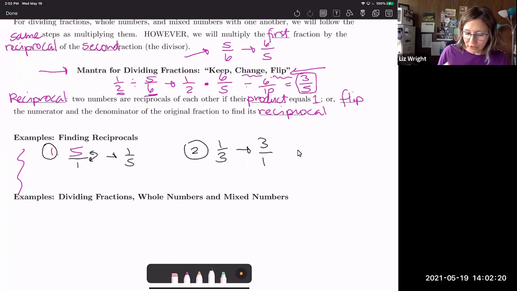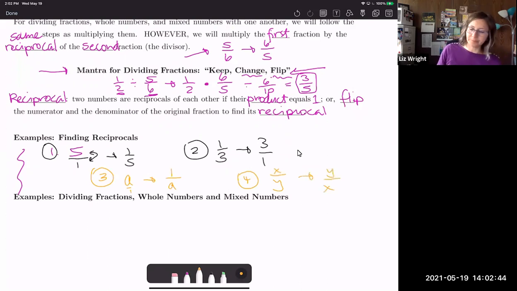So just in general, if I give you the letter A, the reciprocal of that, think about that as A/1, right? So the reciprocal of that would be 1/A. And then if I gave you one like X/Y, what would the reciprocal of that be? Well, that would be Y/X.